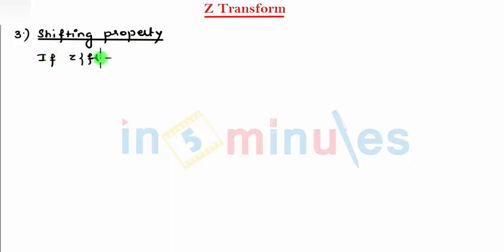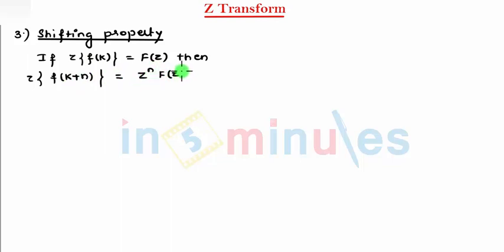The next property which we will be doing is the third property, that is the shifting property. So what is the shifting property? Let us say that Z of f of k is equal to capital F of z, then Z of f of k plus n, so there is a shift in the time domain, will be giving me z raised to n F of z.